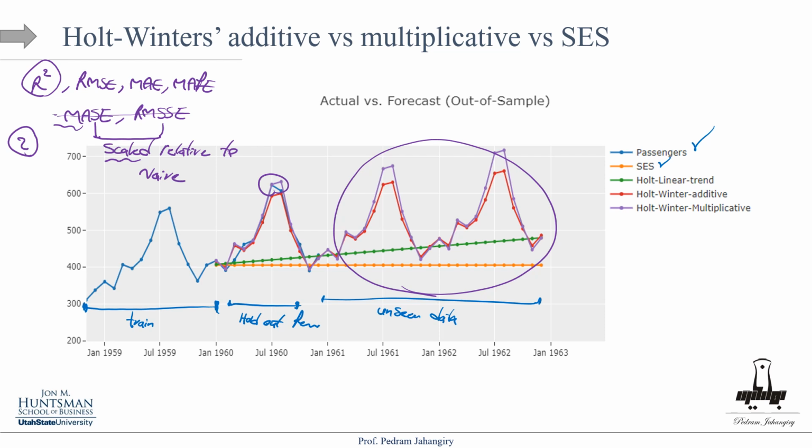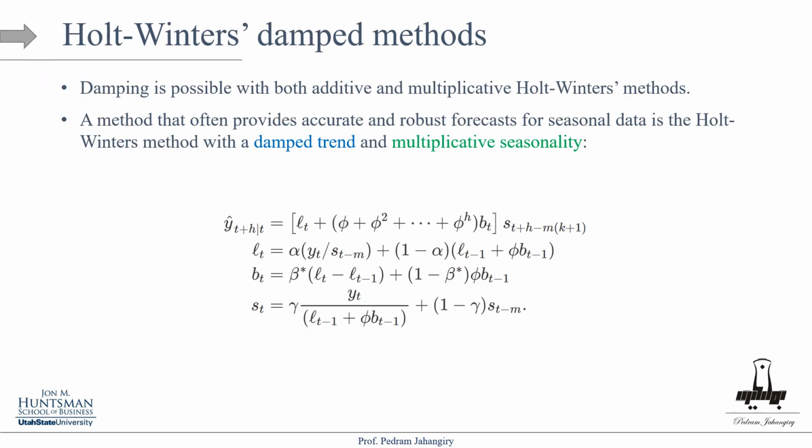So if I have a data set like this, I am absolutely not interested in seeing the mean absolute scaled error, at least compared to the naive forecaster, because the naive forecaster for this is not a good benchmark. Okay, all right. Our very final method is Holt-Winters' damped method, right? So I'm going to show you the multiplicative version here.